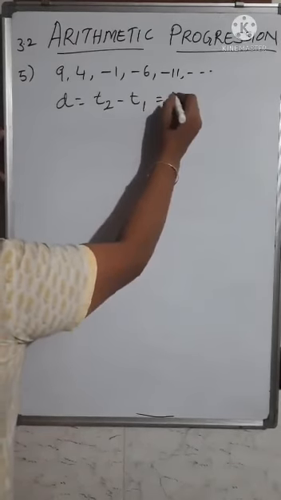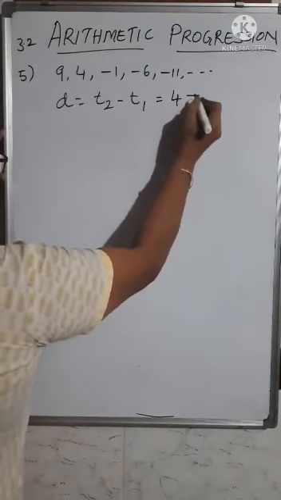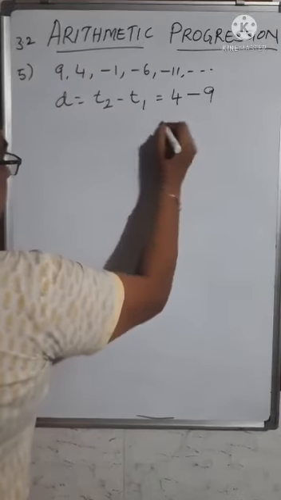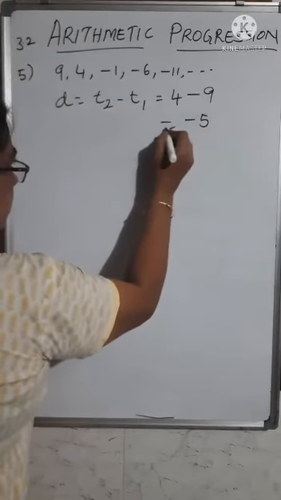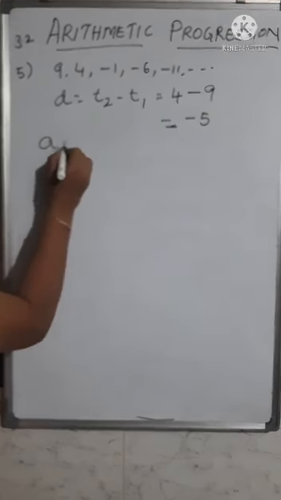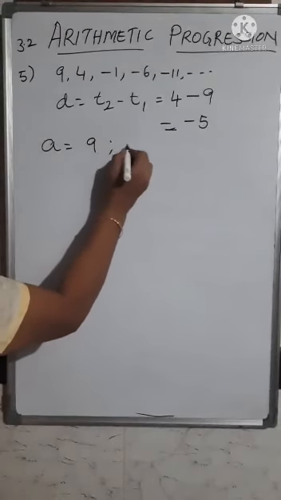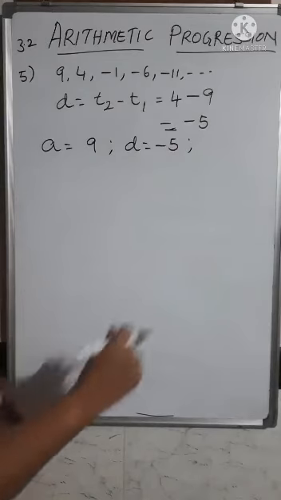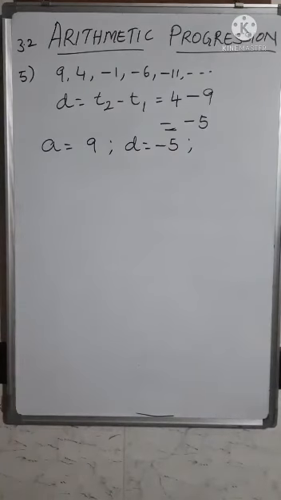So now this will be equal to 4 minus 9, which is equal to minus 5. So you have got the common difference as minus 5. So only once if you find the common difference, it is enough. Now here we'll write down A is equal to 9, common difference is equal to minus 5, and which term they have asked you to find, the 27th term.